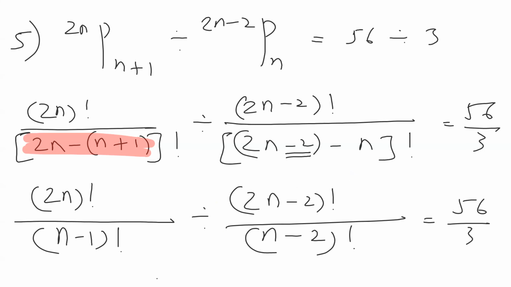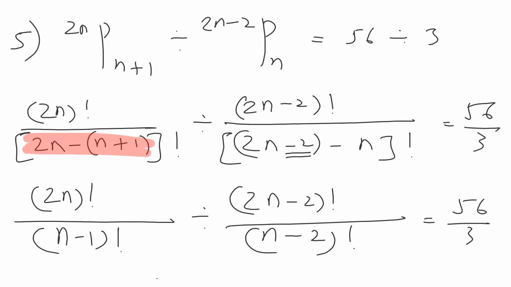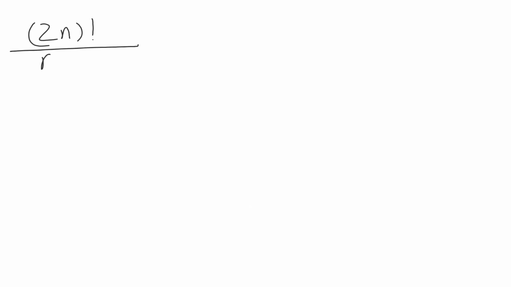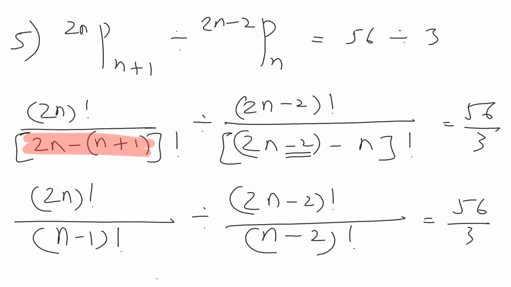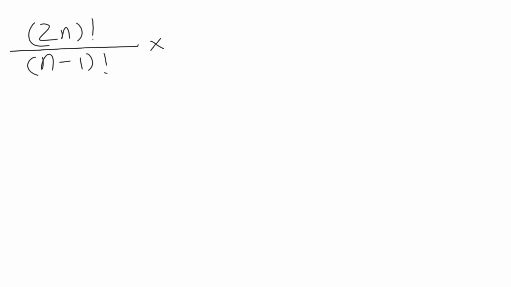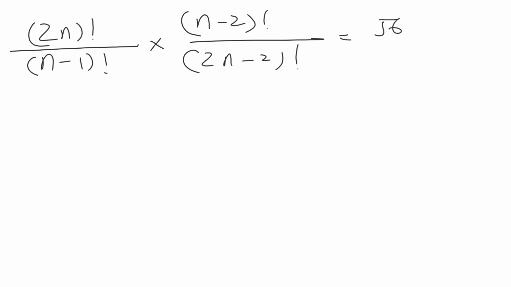So 2n the whole factorial upon n minus 1 factorial into n minus 2 factorial upon 2n minus 2 factorial, which is equal to 56 divided by 3.